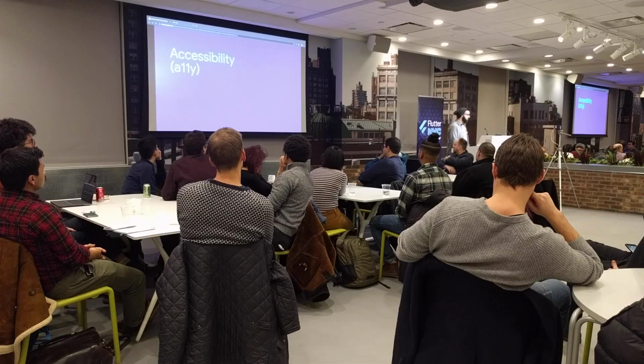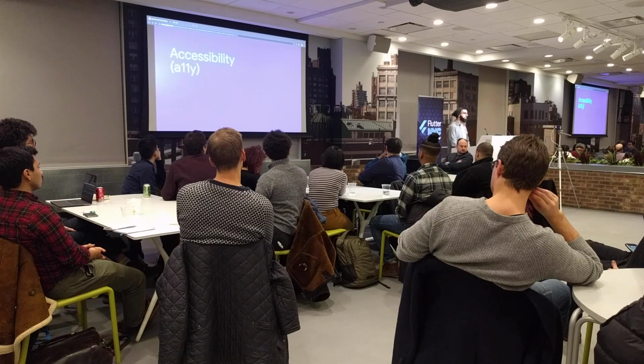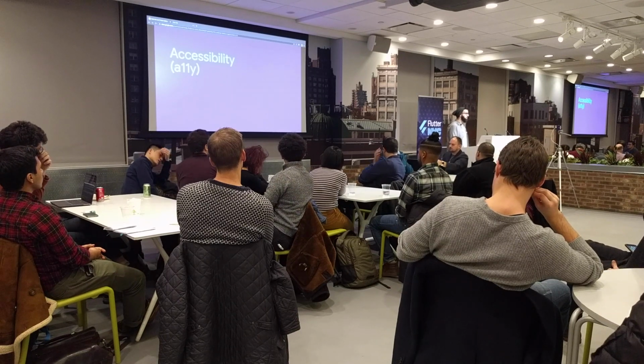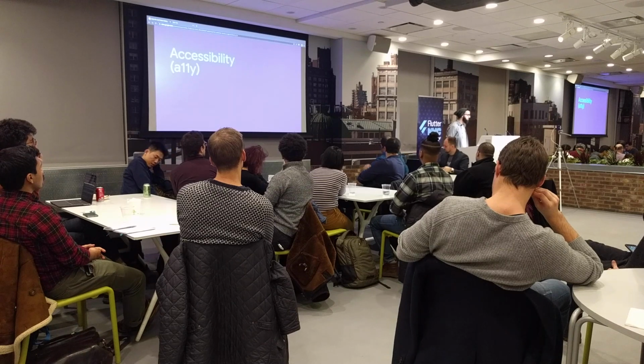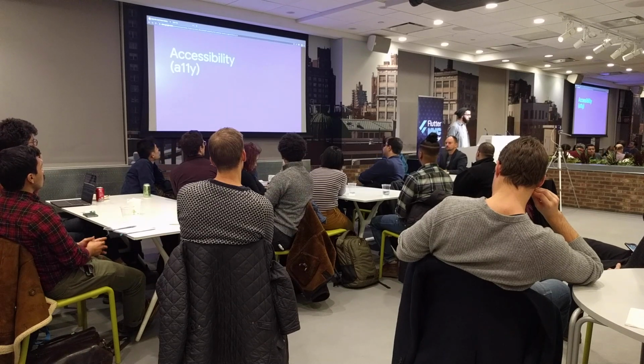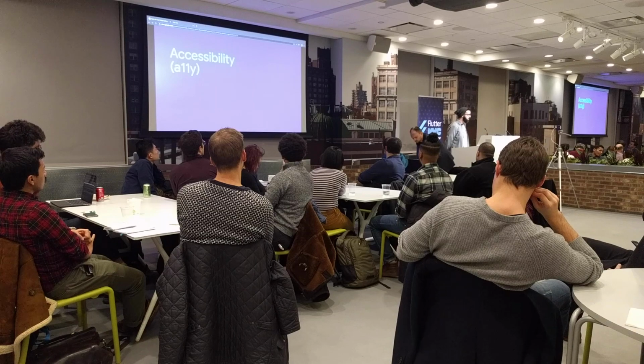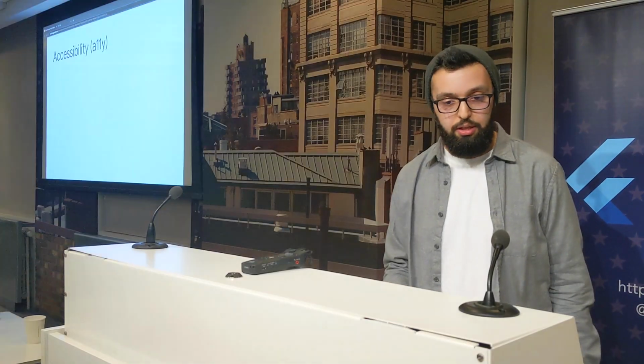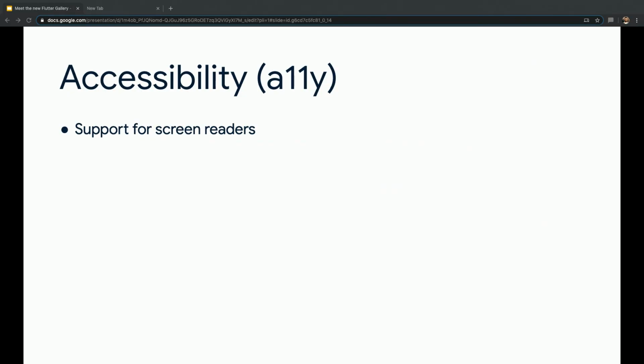For example, one of the more common cases is text size. On mobile devices, you can set, at the operating system level, the text size to larger. And out of the box, your applications won't necessarily respond to that, so you have to make sure that your application adapts to that.